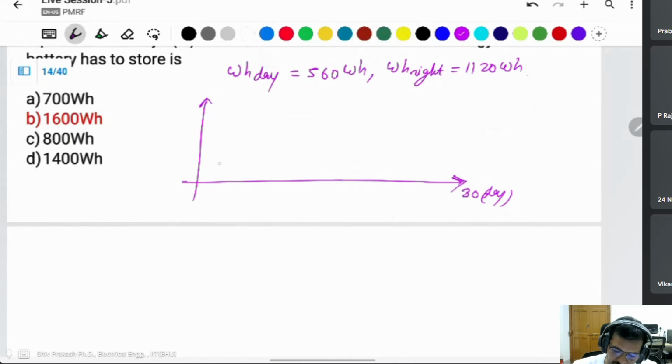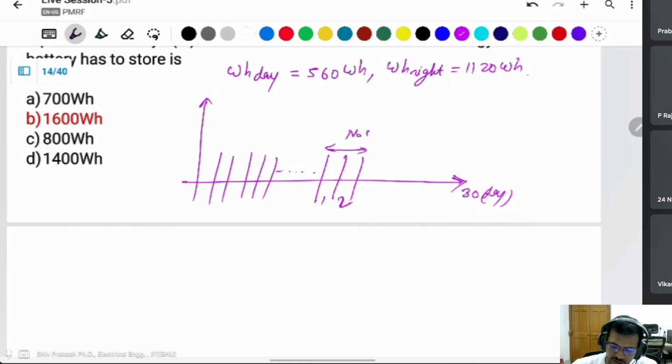Power consumption is okay for some days, but on some days you have a cloudy season, there is no sun, there is no insolation, so the PV power is 0 at that moment. If for 1 day or 2 days there is no sun, then these days are known as the autonomy days.